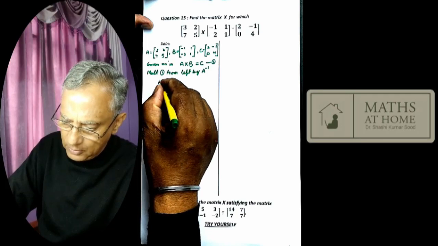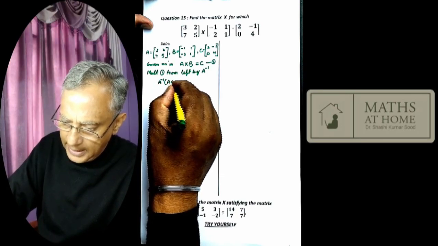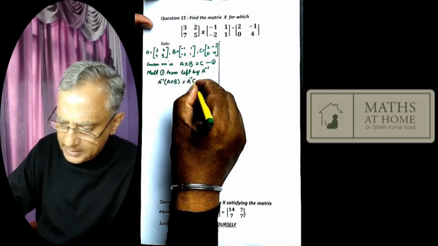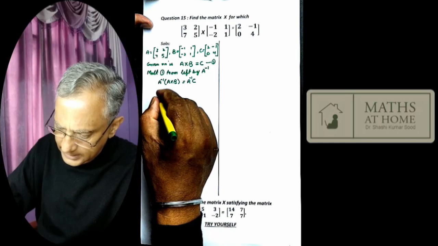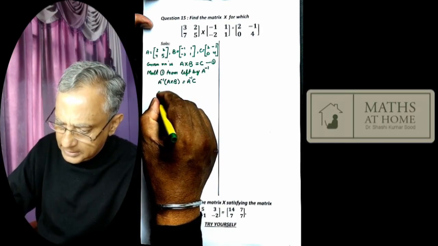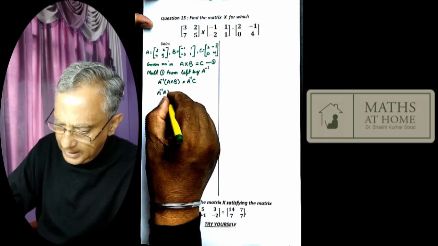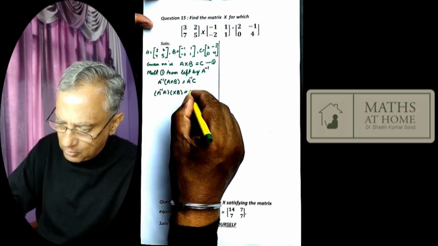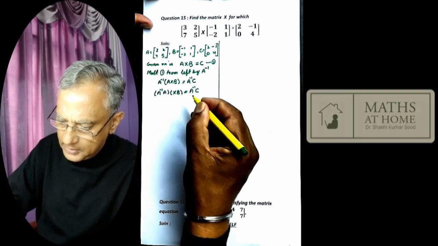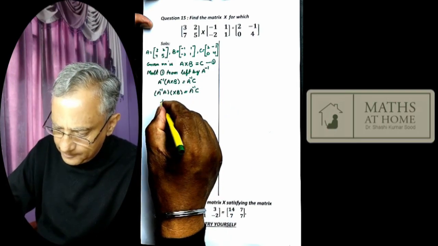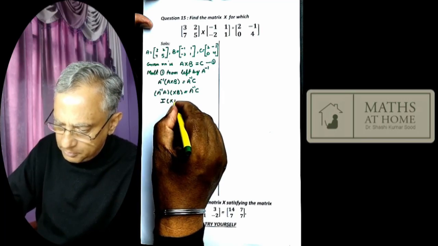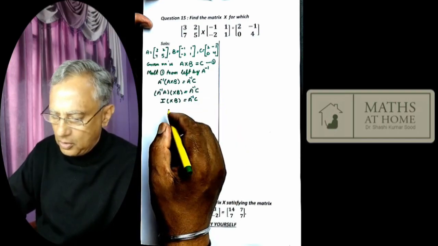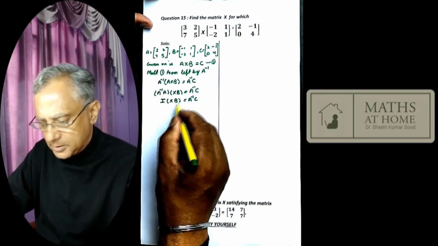We get A inverse into AXB is equal to A inverse C. So what we get is by associativity, this is equal to A inverse A into XB is equal to A inverse C. So this is I into XB is equal to A inverse C, and I into this is this matrix itself.